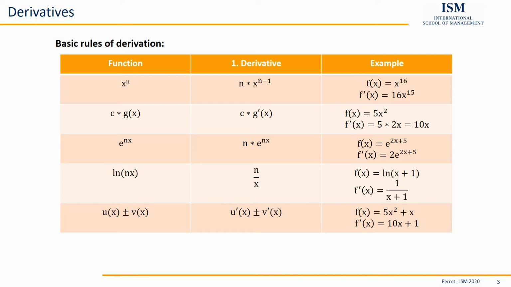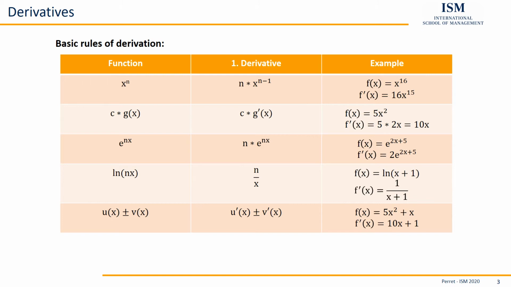So whatever is in the numerator above the fraction line is what was in front of the x in the logarithm. In this example, in front of the x it's a 1. So we have 1 divided by, and what was inside the logarithm was x plus 1.